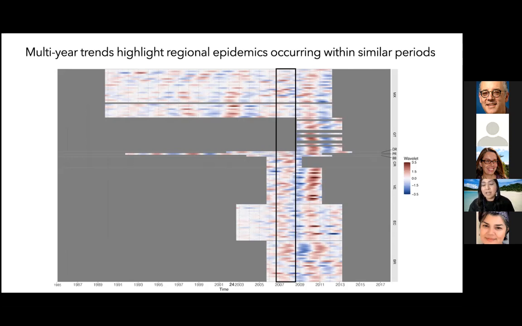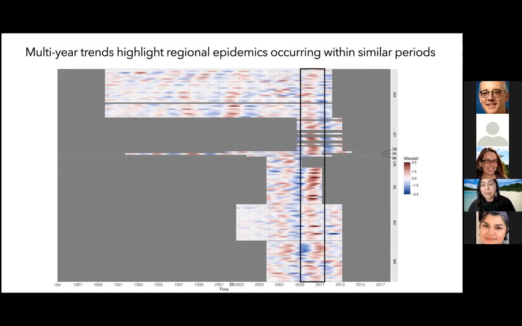We see clearer banding showing wide regional epidemics roughly between 2009 and 2011. We haven't dug too deeply, though we're looking into this now, into what might be causing that wide epidemic, but some ideas might be a serotype introduction, but also potentially corresponding with an El Nino event.